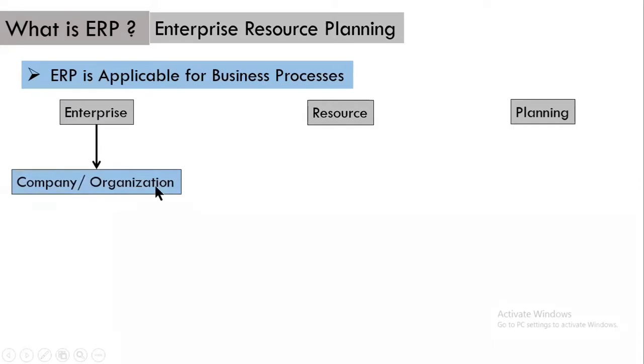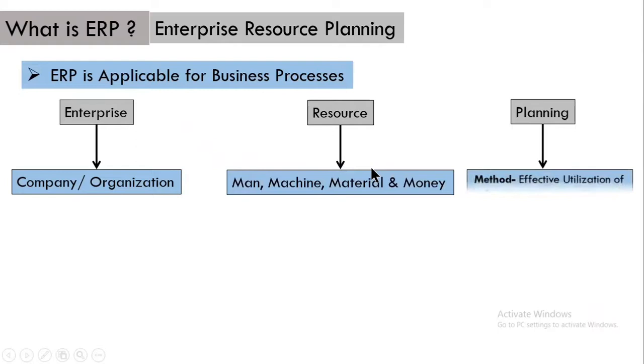Enterprise is, as I told you, a company or organization. Resource may be man, machine, material, or money. Planning in the sense is a method of effective utilization of the resources to give an optimal, maximum output in an organization. This is the motto of using any ERP software. This is the theme behind why we use an Enterprise Resource Planning software in the industry.